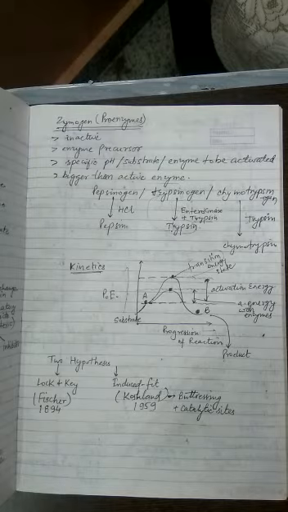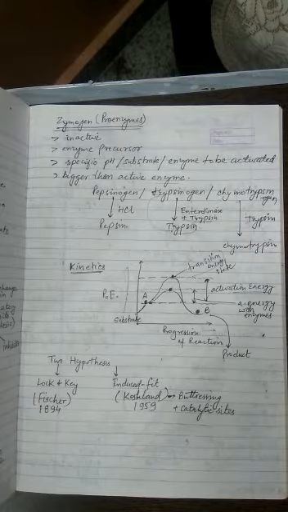That difference is called activation energy, and that much energy is required, then only the reaction can start. The inability of the reactant to undergo chemical change due to the requirement of energy is called the energy barrier. If this barrier is not broken, the reaction will not take place. So activation energy is required to break this energy barrier.